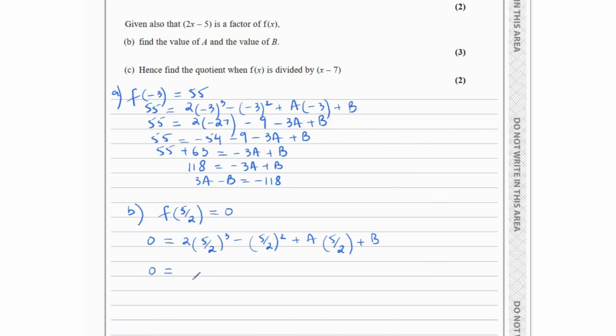That's going to be 125 over 4 minus 25 over 4 plus 5a over 2 plus b. 125 minus 25 is 100. 100 divided by 4 is 25.